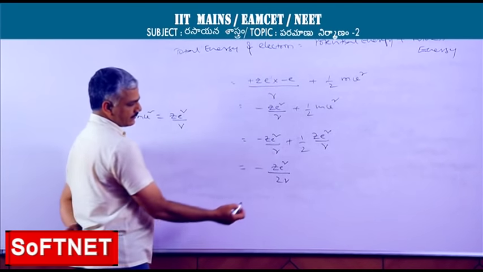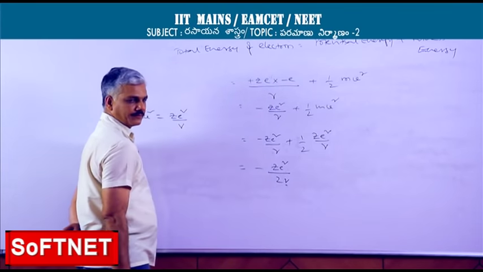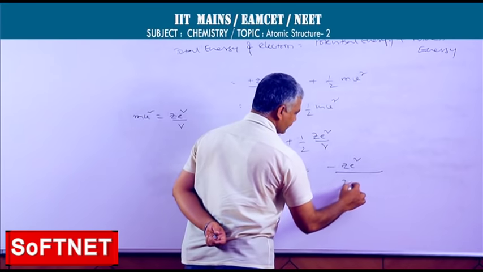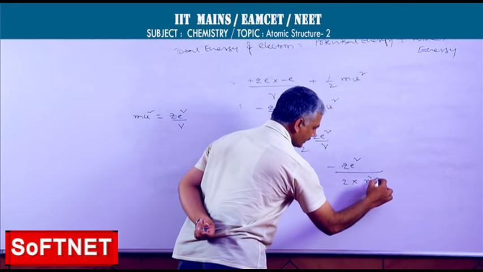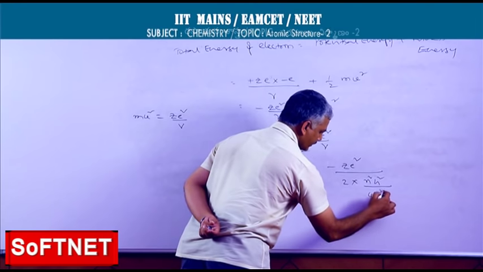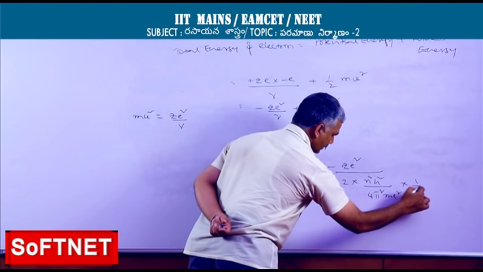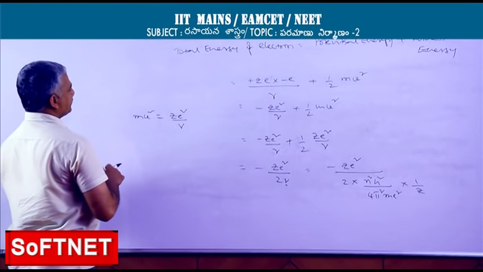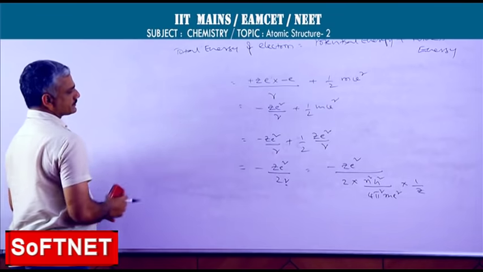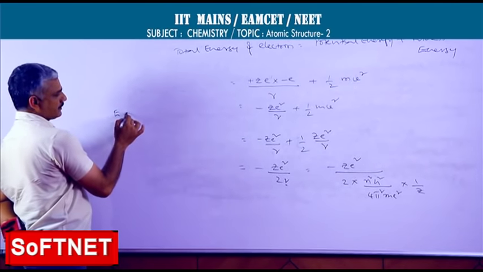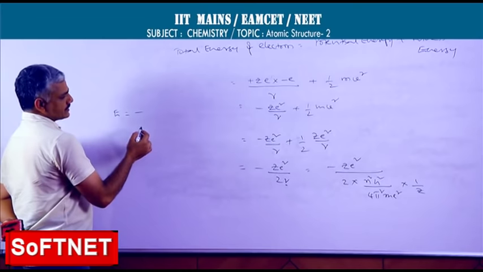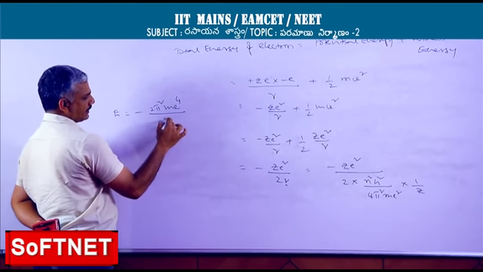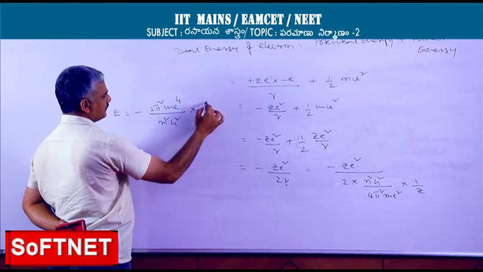In this expression, if you substitute the value of r, that is 2 into n square h square by 4 pi square m e square into 1 by z, it finally comes out to minus 2 pi square m e power 4 by n square h square into z square.